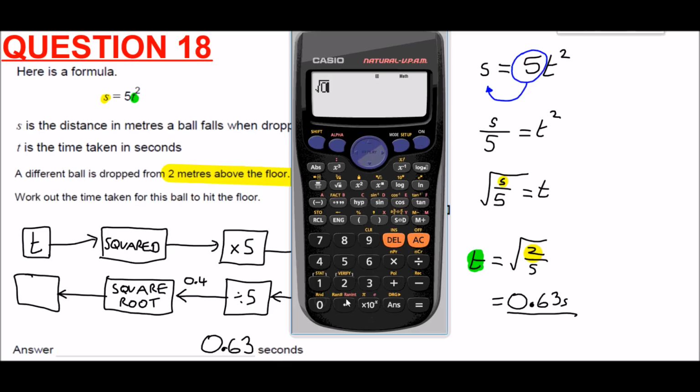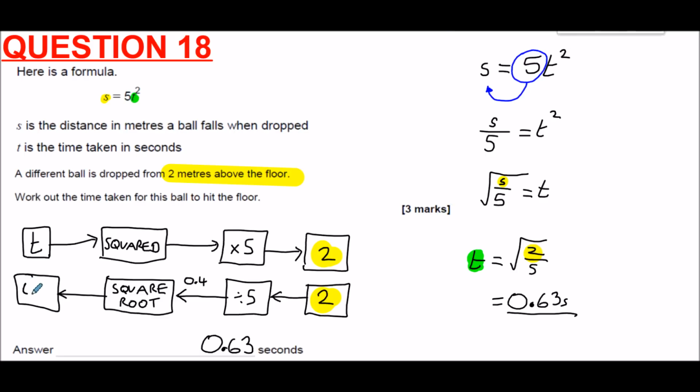Square root of 0.4 again gives us 0.63. And so using this different method again, we'd arrive at the time being 0.63. Doesn't matter which way you use, as long as you're comfortable in understanding one of these 2 different methods, and as long as you can arrive at this answer for t.